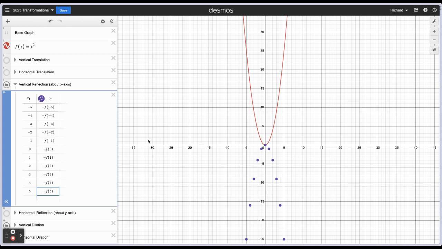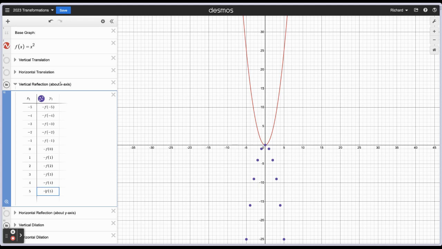Now, think about this like what we're seeing here is a mirror image of what's happening here. So if you can imagine there's a mirror put here on the x-axis, then what you're seeing here is reflected down here, which is why we call this transformation a reflection. It's reflecting about the x-axis.